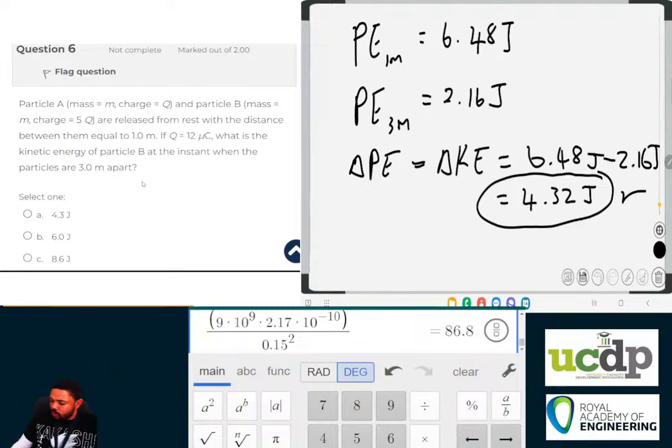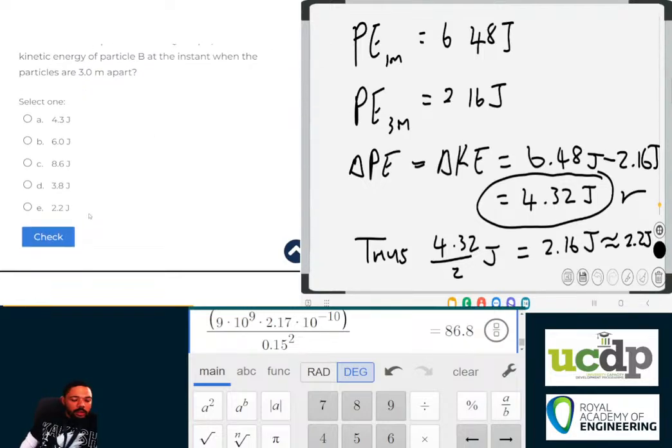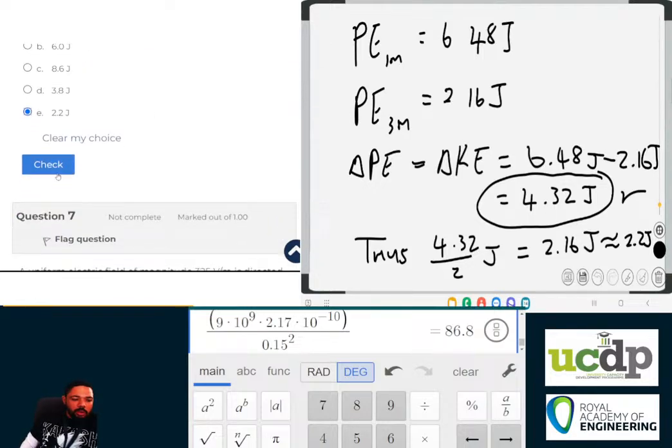Each of these particles will have half of that: 4.32 divided by 2 joules, which is equal to 2.16 joules, which is approximately 2.2 joules. That's how much energy each of these particles will have, about 2.2 joules after they are 3 meters apart.